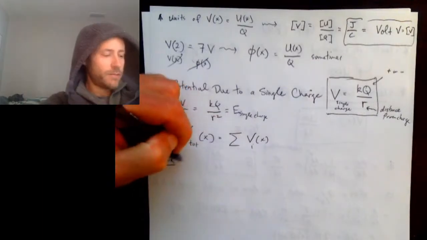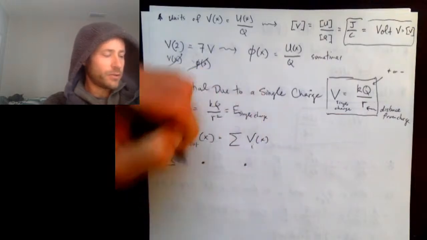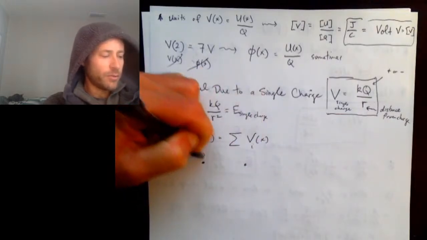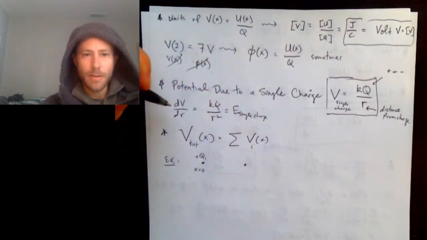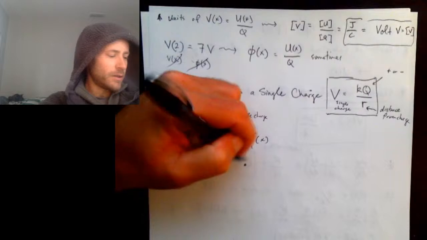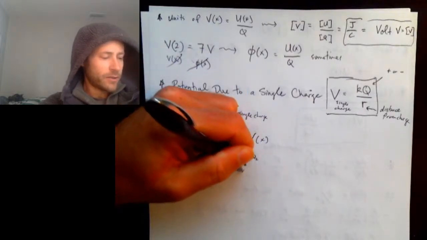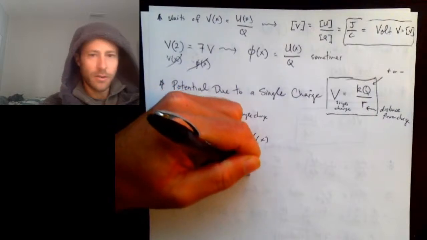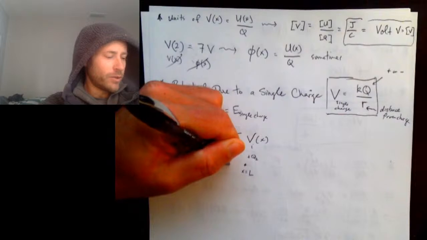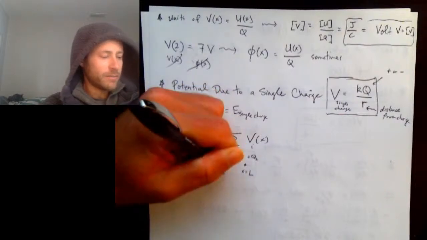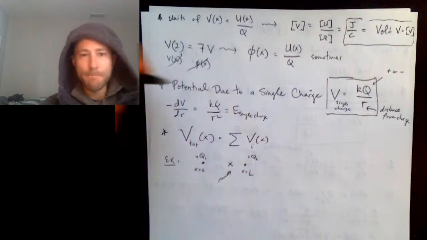is, let's suppose we have two positive charges. So this one is plus Q1, and it is at x equals 0. And then this is plus Q2, and it is at x equals L. And we want to know what is the potential right here at some location x in between them.